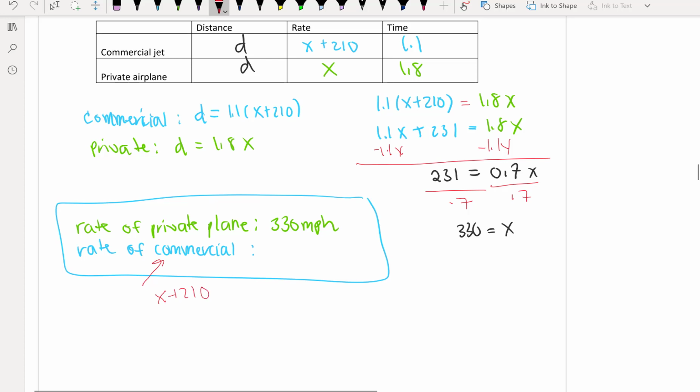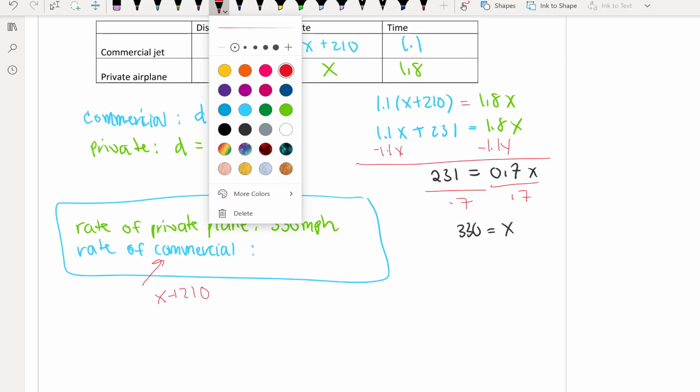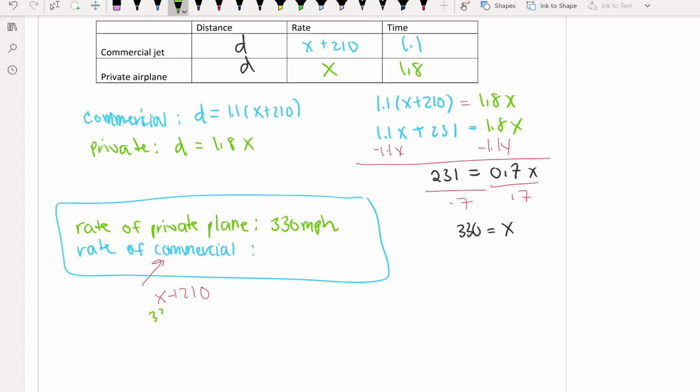And that x value that we figured out was that 330. So 330 plus 210 gives me 540. So now I know the rate of each, the private plane and the commercial plane.